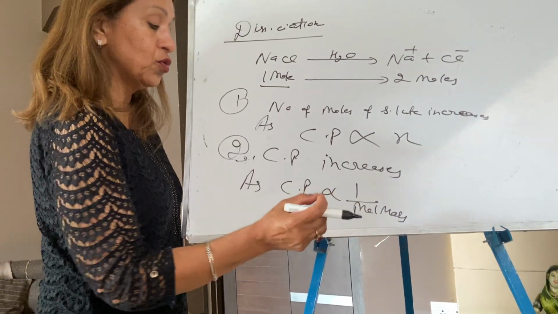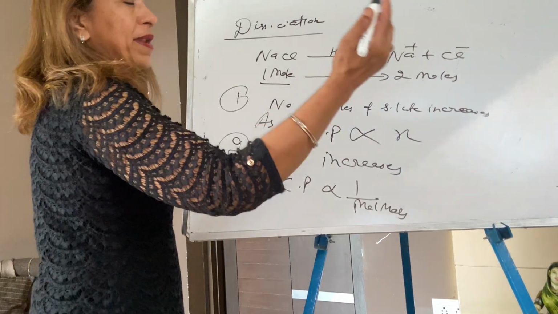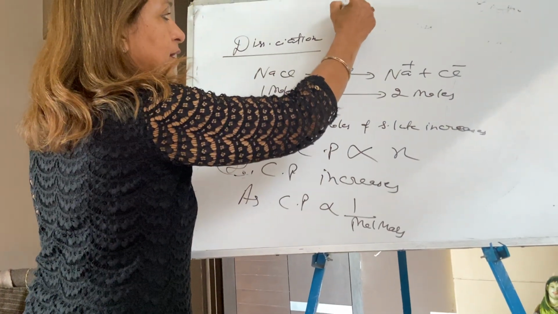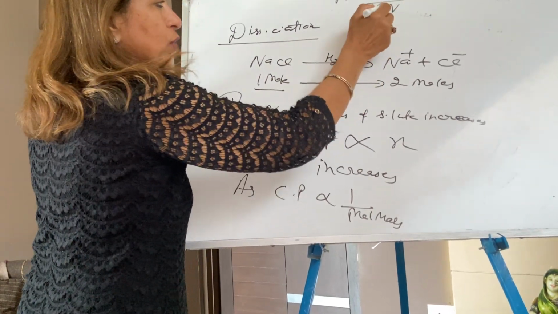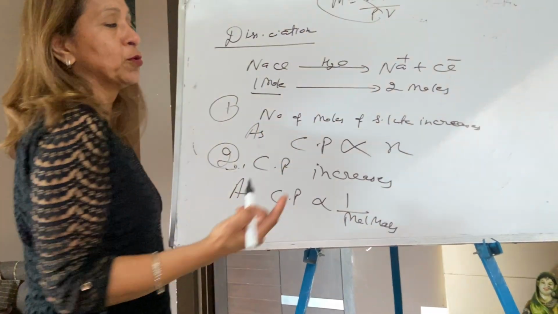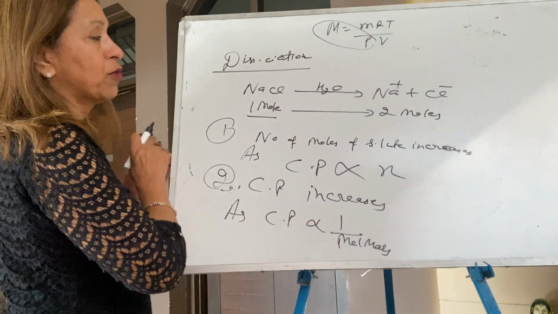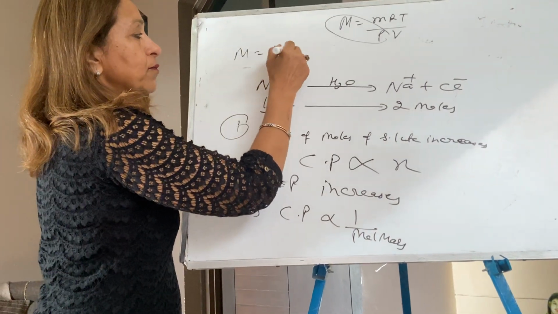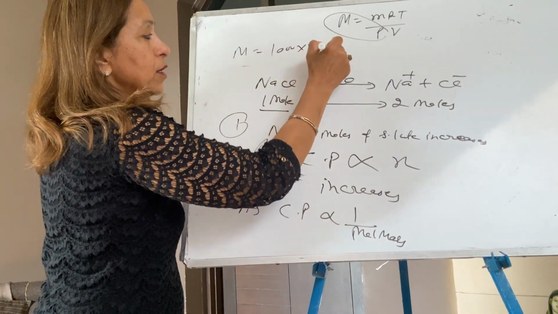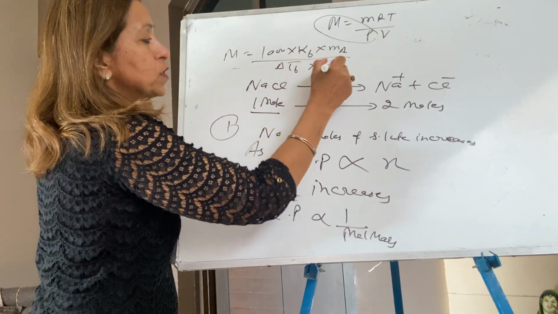Now I am going to show you that colligative property is inversely proportional to molecular mass. For osmotic pressure, capital M is equal to small m RT by PV, where P is osmotic pressure and capital M is molecular mass. Capital M is equal to 1000 into Kb into small ma by delta Tb into small mb.